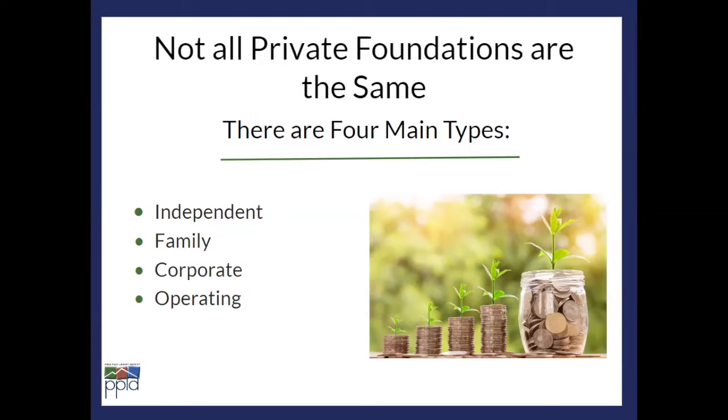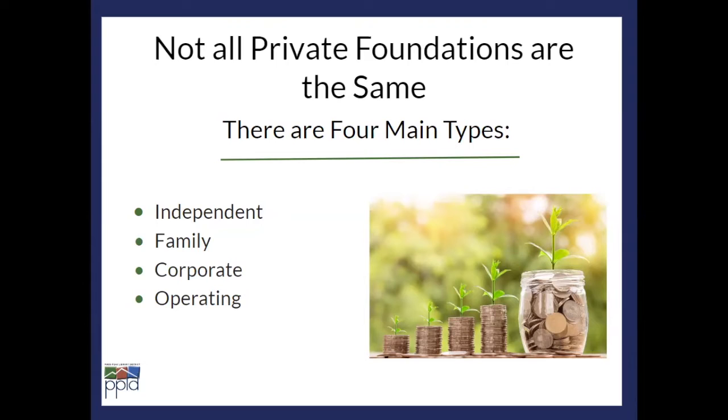Those are grant making organizations whose funds are generally derived from an individual or a group of individuals, and they're distinct from other kinds of private foundations like family or corporate foundations in that they are not governed by the benefactor, the benefactor's family, or corporation. A good example is the Ford Foundation.